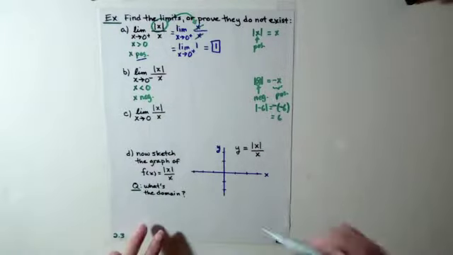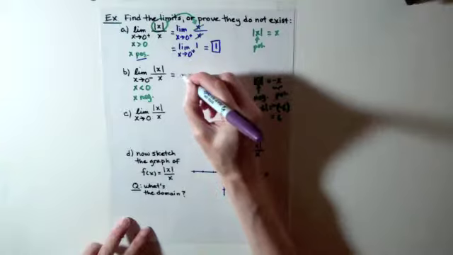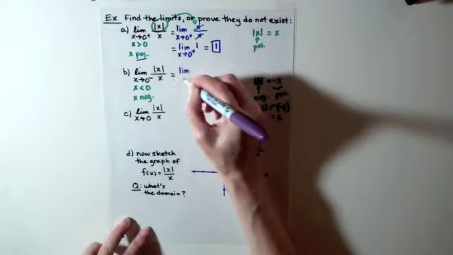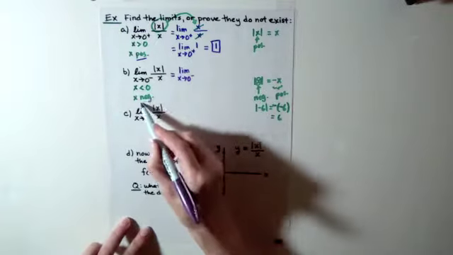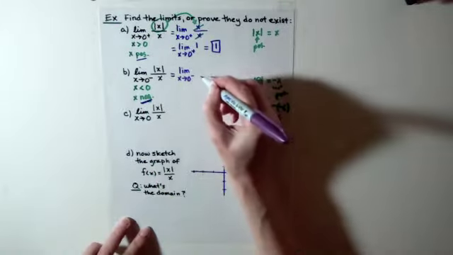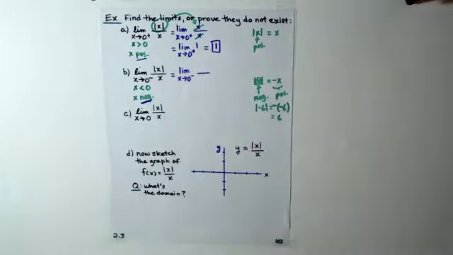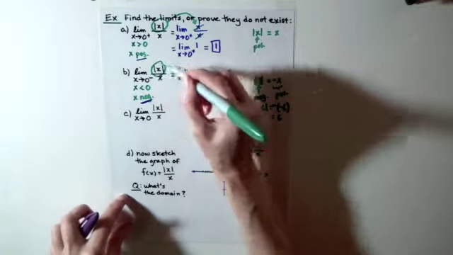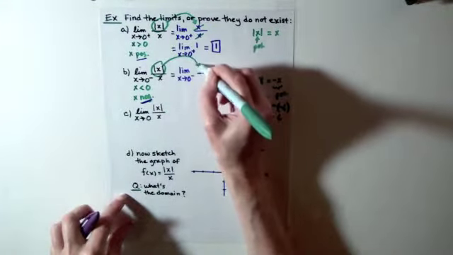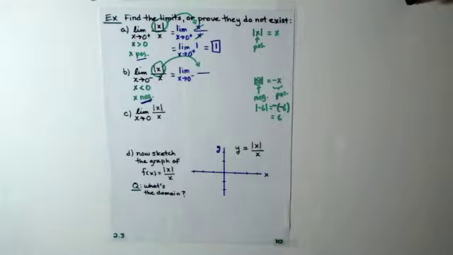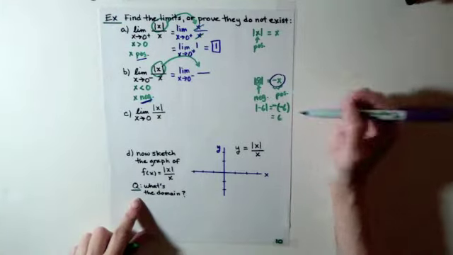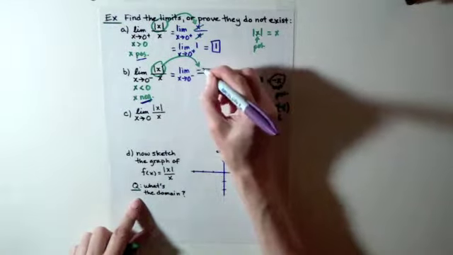Let's go ahead then and rewrite the expression that we have in the case that x is approaching 0 from the left, in the case that x is a negative number. In that case, the absolute value of x can be rewritten without the absolute value signs, but not just as an x, it has to be written as a -x.